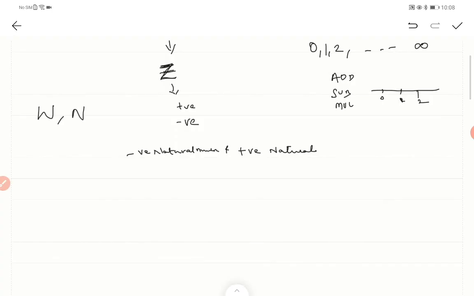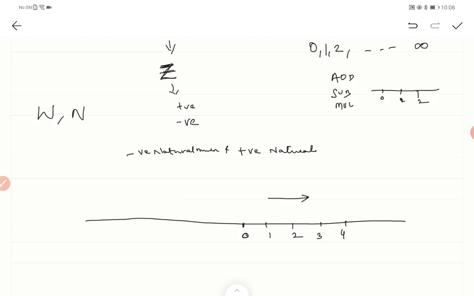So I will show you the number line, how it is represented for the integers. You will have 0 in the middle, and on the right hand side you will have positive numbers, that is 1, 2, 3, 4, and so on.